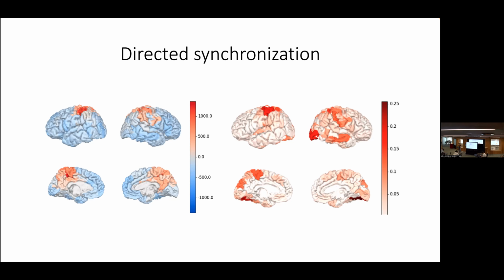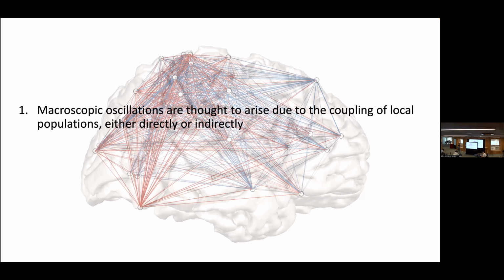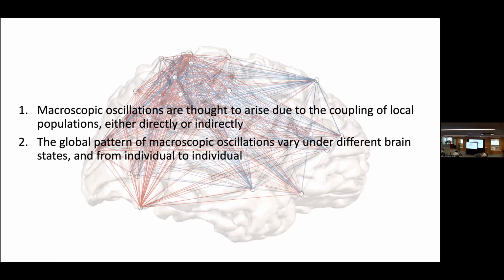With that said, to summarize then, these macroscopic oscillations that we see in MEG are thought to arise through the coupling of local populations, either directly or indirectly. The global patterns of macroscopic oscillations vary under different brain states and from individual to individual.